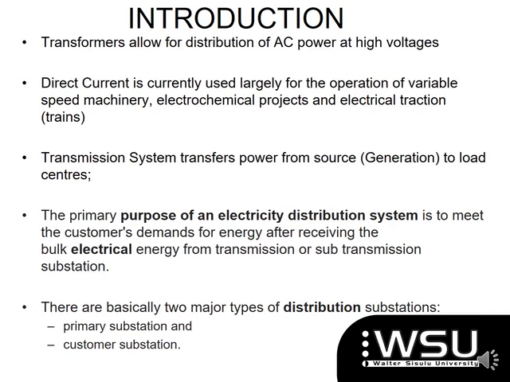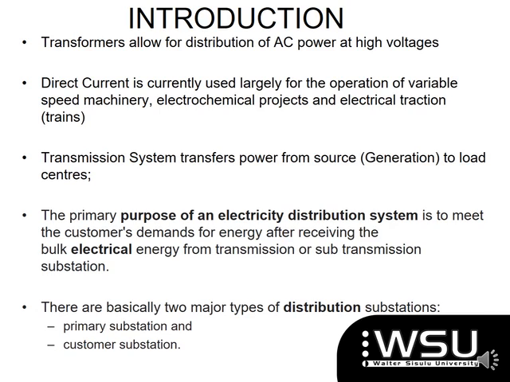And the primary purpose of our distribution systems is for us to be able to cater for the customers' demands of what energy they require in order to supply all of their appliances at their end. And after they receive this bulk electrical energy from transmission, we are then able to deliver it to the customers. So that is what the distribution system does in essence.